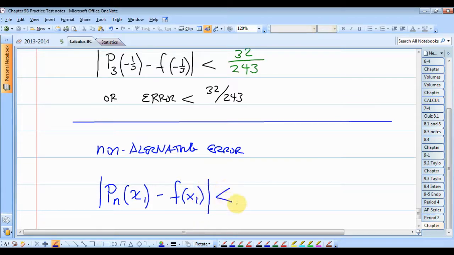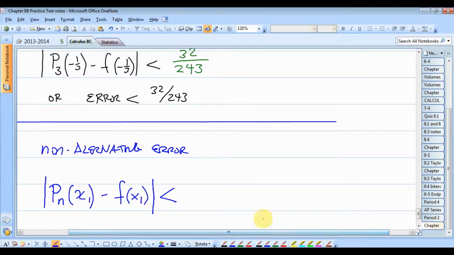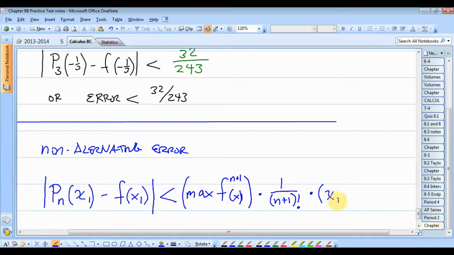That's going to be less than the maximum of the n plus 1th derivative, times 1 over n plus 1 factorial, times x1 minus a to the n plus 1 power.